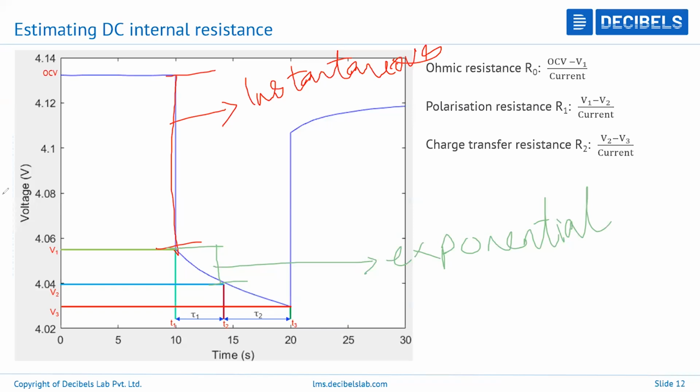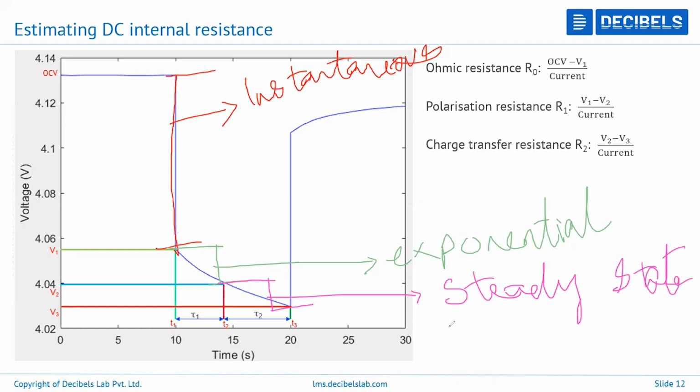And then the third one is between this region and this region, and this portion is called the steady state region. This entire three sections contribute to the voltage response to a pulse of 10 seconds. You can see on the x-axis that the entire range of the pulse is 10 seconds.